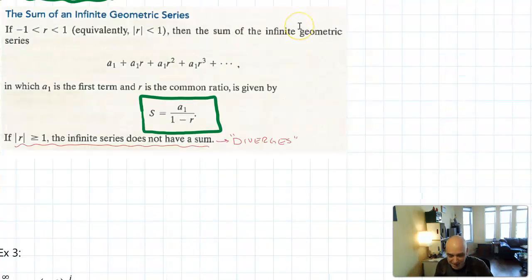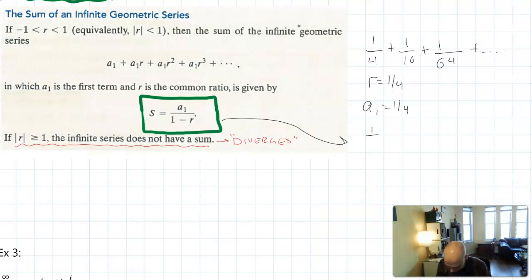Now, I claimed just a second ago that the sum, well, I guess I should write it as 1/4 plus 1/16 plus 1/64, was equal to 1/3. Well, let's see. That would be a ratio of 1/4, because I'm multiplying by 1/4 each time, and an a1 of 1/4. What if I use this formula?